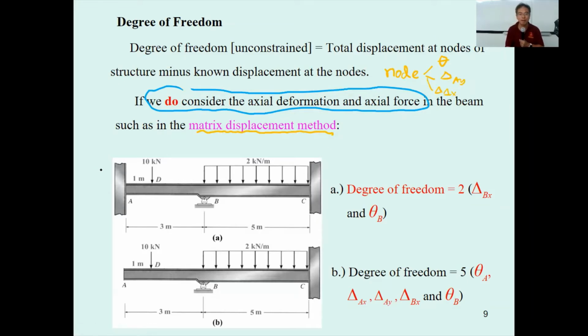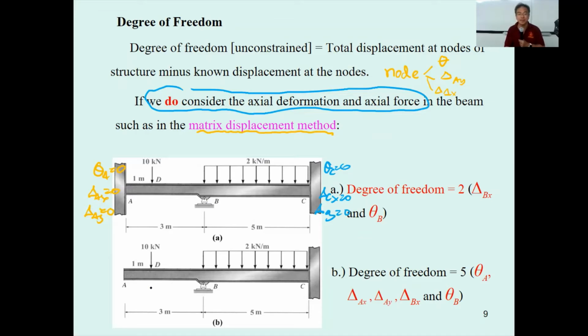For this one, theta sub a is 0, delta sub ax is 0, delta sub ay is 0, since it is a fixed support, and theta sub c is 0, delta sub cx is 0, delta sub cy is 0, because it is a fixed support.